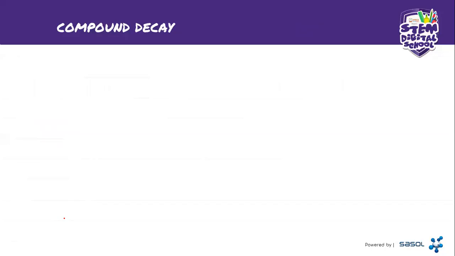Compound decay. Remember, we are done with simple decay. We are now looking at compound decay. Now, this formula that we're going to use is called the reducing balance method. You can see it's much the same as the compound interest formula. The only difference is the sign.